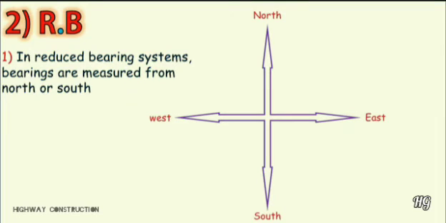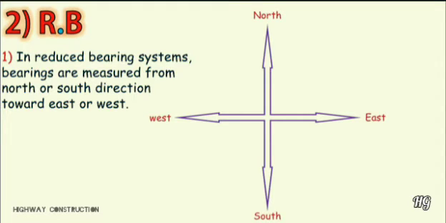In the reduced bearing system, bearings are measured from the north or south direction toward east or west. For the whole circle bearing, remember the direction was only one, right? That was just the north direction and it was clockwise. Here the directions are two: it may be north or south, and toward east or west.